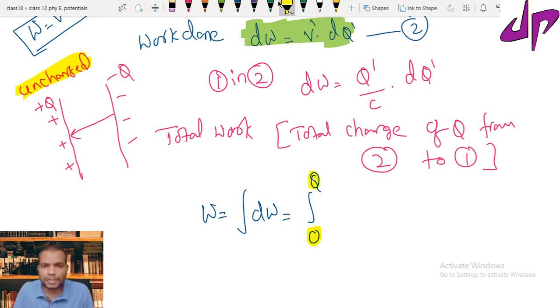Now I have to make the total charge Q, taken as positive Q. So I integrate from 0 to Q of Q dash by C times dQ dash.